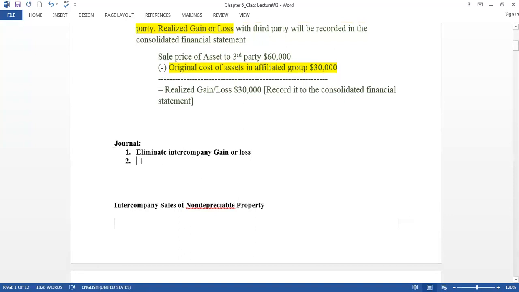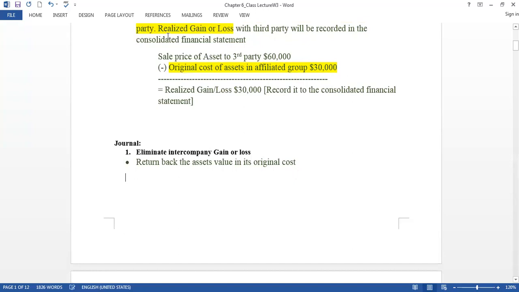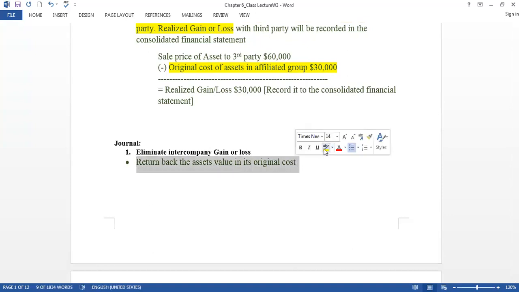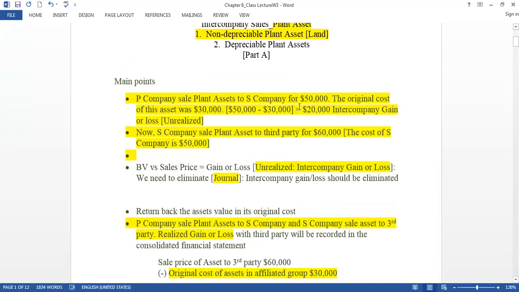So when we sell our asset, it includes some profit or loss anyway, but whenever we record the asset, it should be in its original shape. For example, the subsidiary company purchased this asset for $50,000, which is the cost of the subsidiary company.